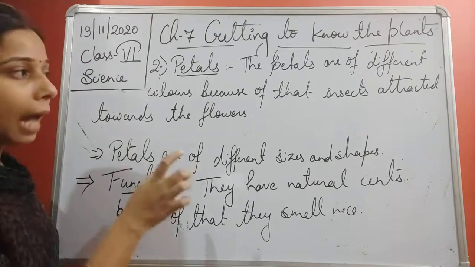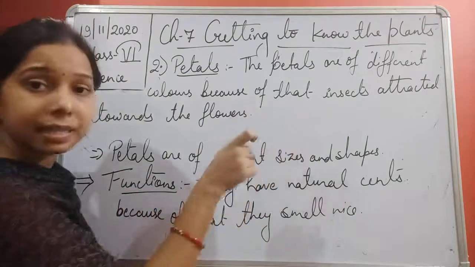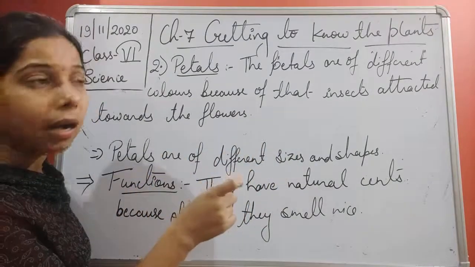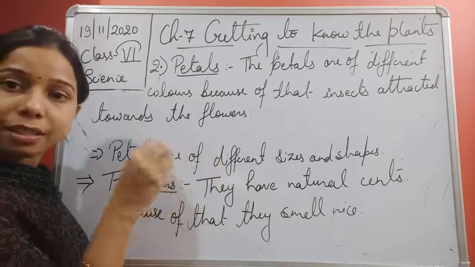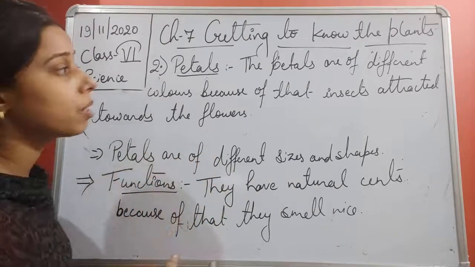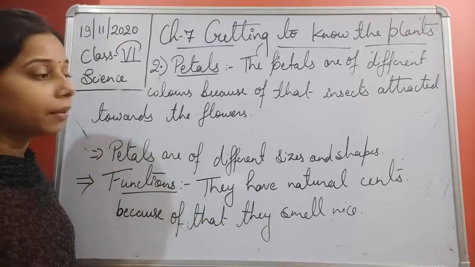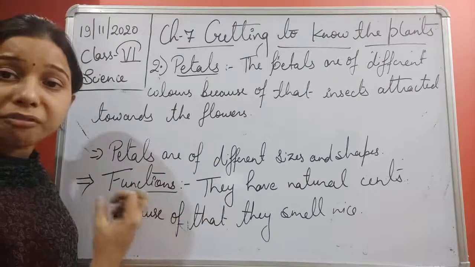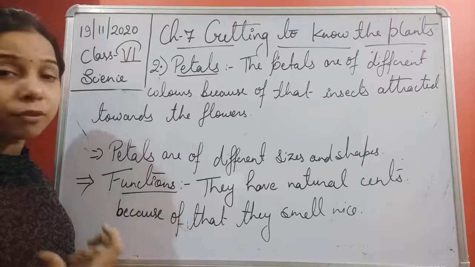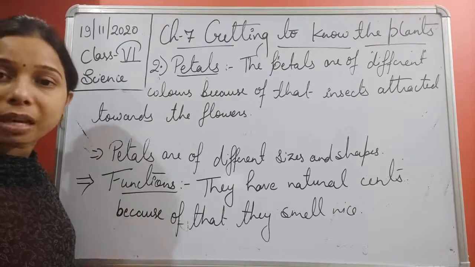Now, what happened here? You see that when the insect reaches the flower, it will sit on the flower. And why does it go there, student? Because of the brightly colored petals, and natural scents and fragrance, a nice smell coming from the flower.